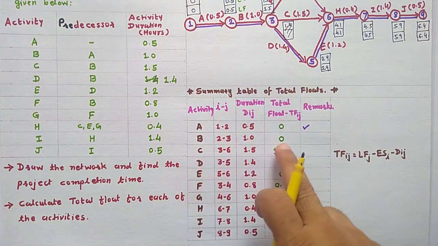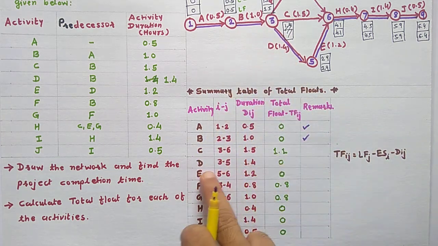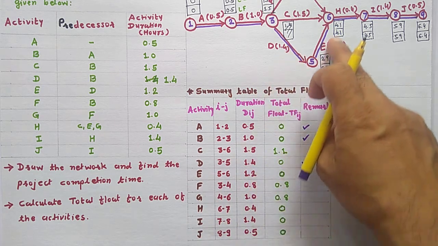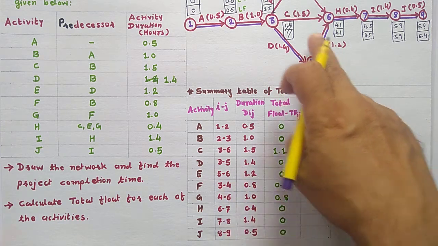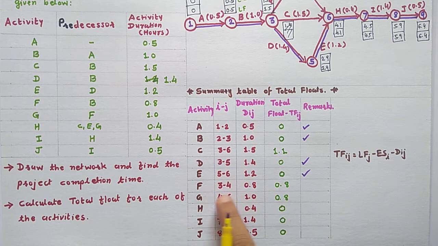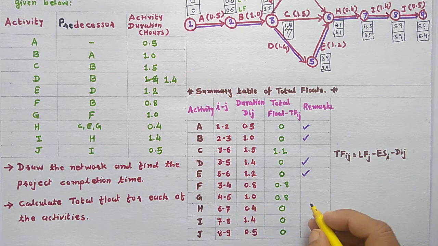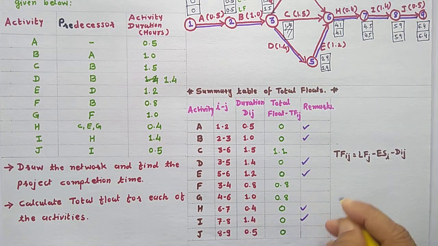B, critical activity, total float 0. D, critical activity, total float 0. E, critical activity, total float 0. F is not a critical activity, so it has a certain value. G has a certain value. H, critical activity, total float 0. I, critical activity, total float 0. And J, critical activity, total float 0.